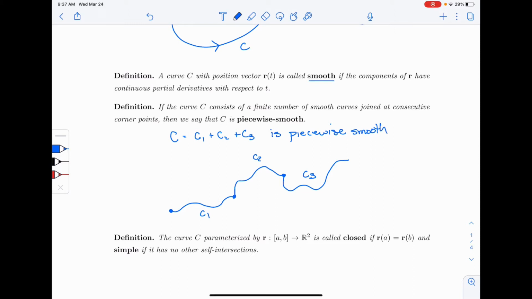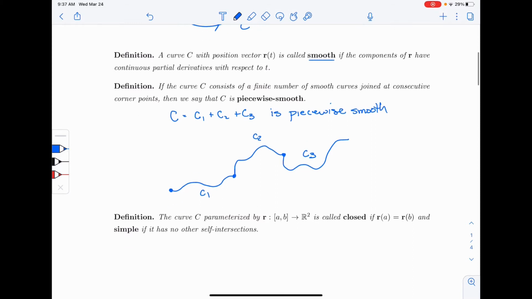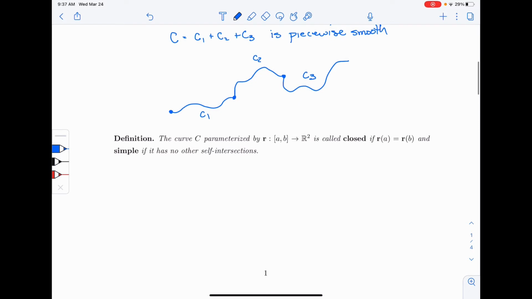And then finally, the curve C parameterized by r is called closed if the initial point r of a equals the final point r of b. And it's called simple if it has no self-intersections.